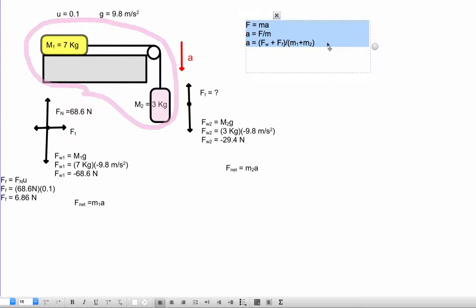The net force on this object, both of them coupled together, would be the weight minus the force of friction, divided by the two masses combined. Substituting in the values, we find the acceleration of this system: 2.254 meters per second squared.